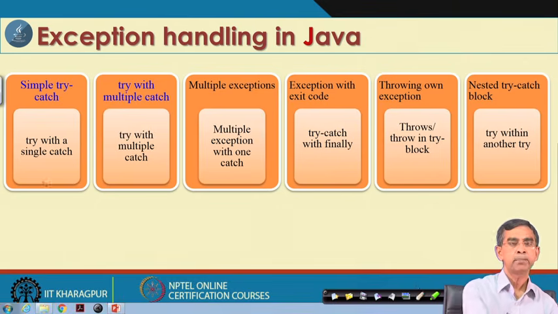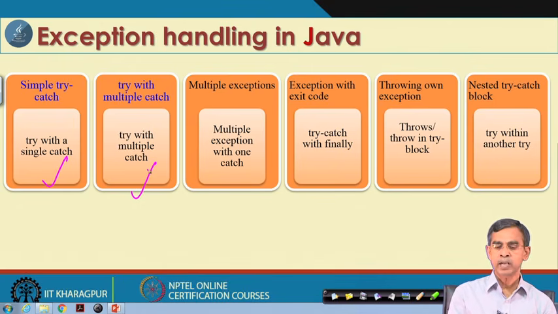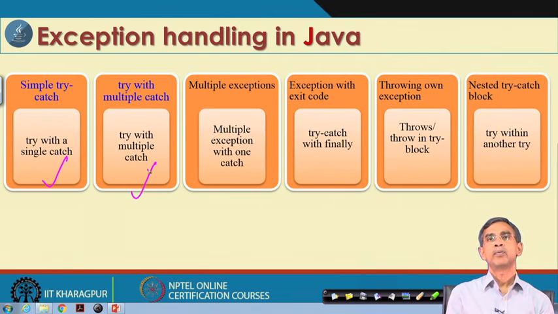So, this is the simple try, then try with multiple catch, and then multiple exceptions can be caught by only one catch, that is also quite possible. And there is also the possibility that whenever the exception occurs, it should finally execute some code.